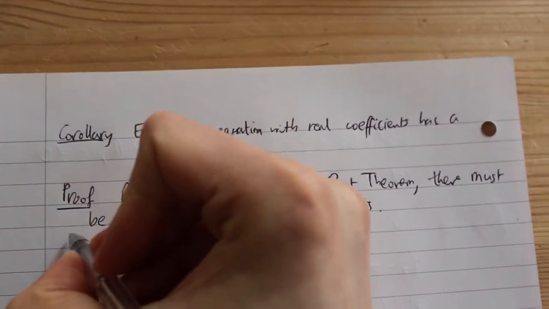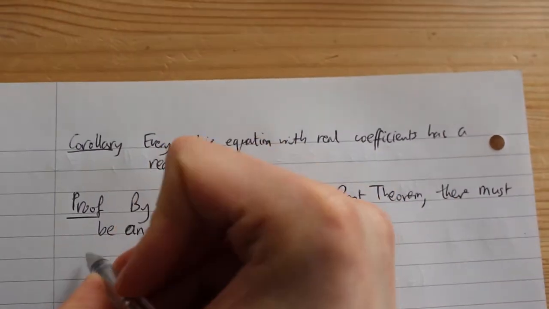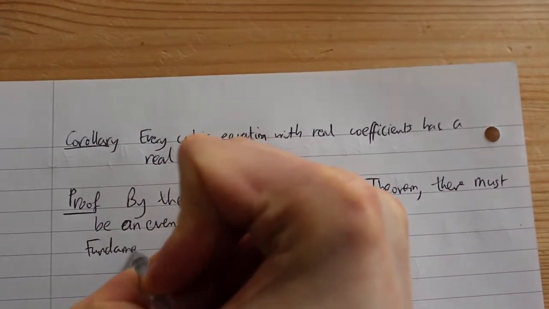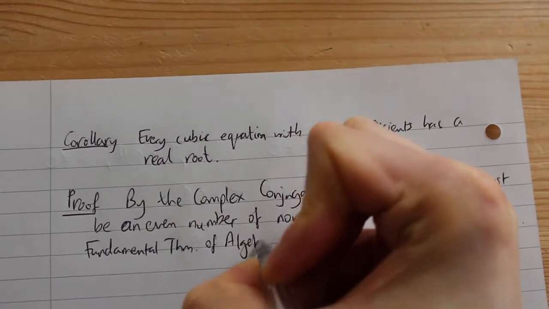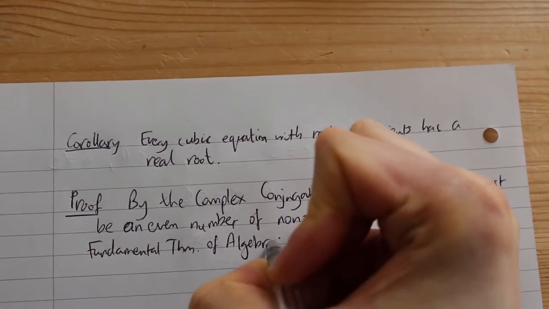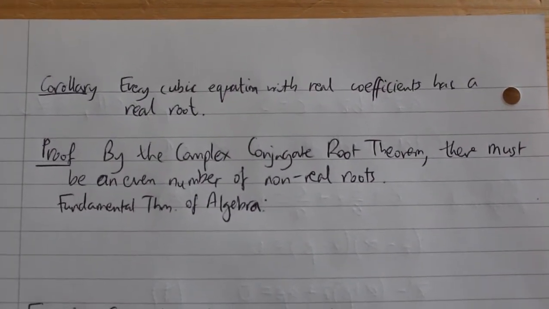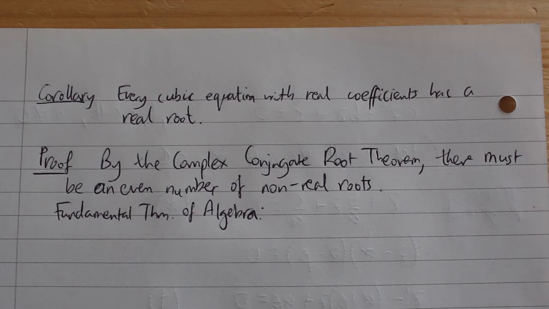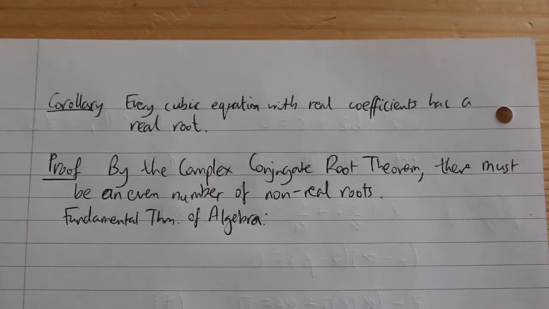But there's an important theorem called the fundamental theorem of algebra. Just to tell you quickly what that says, it says every non-constant polynomial of degree n, where the highest power of z is n, has n roots over C, counted with multiplicity.